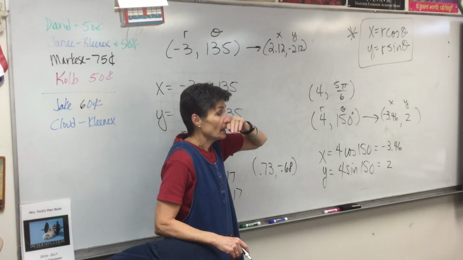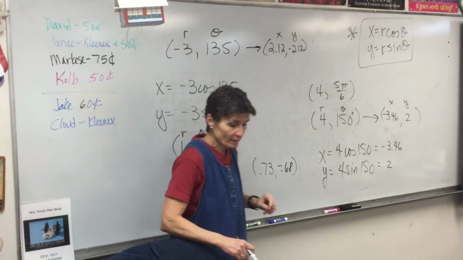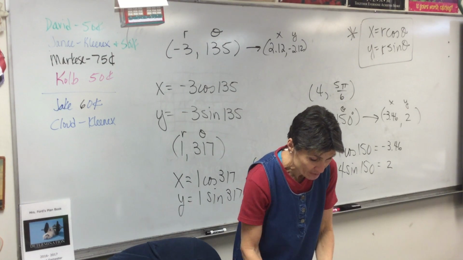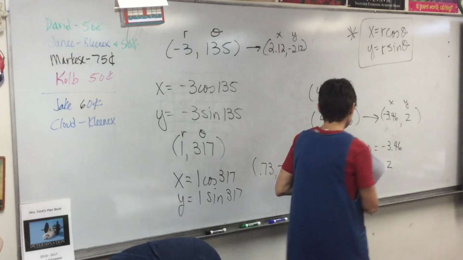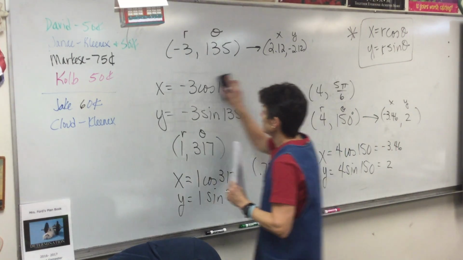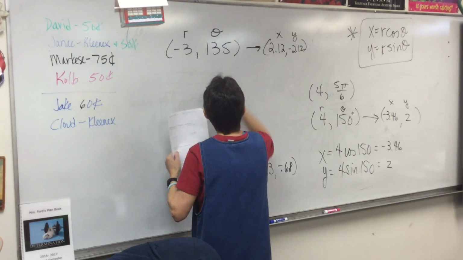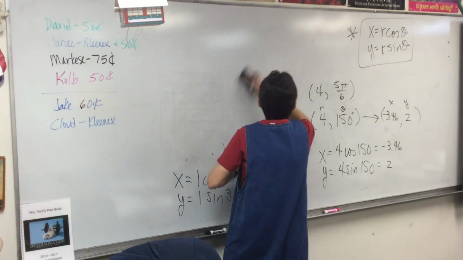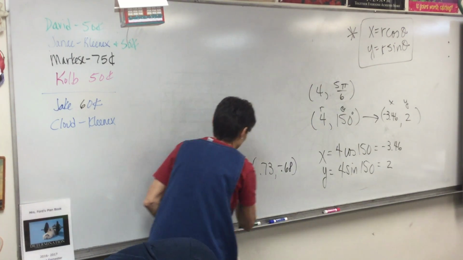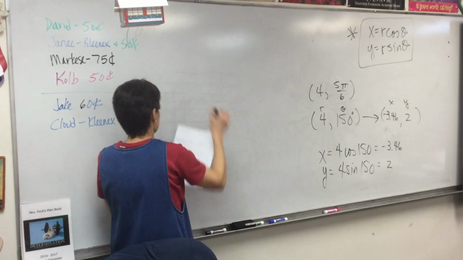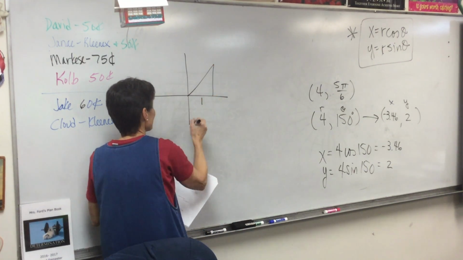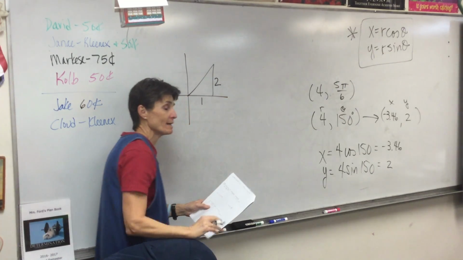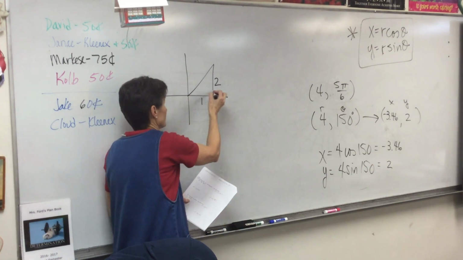Okay? Now, if you look at the next set of problems, it's backwards. The next set of problems says, what if we start with rectangular? So what if we start with an x of 1 and a y of 2?